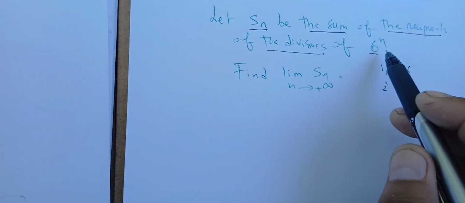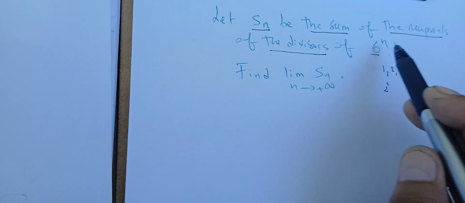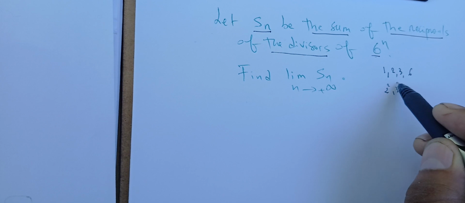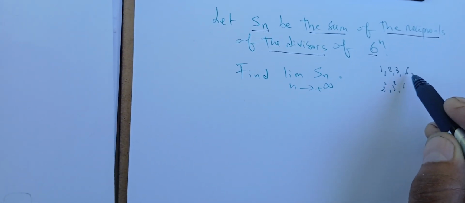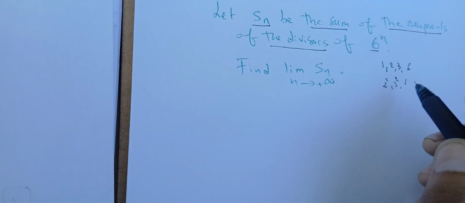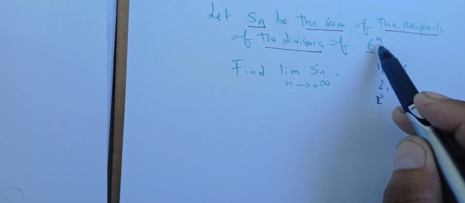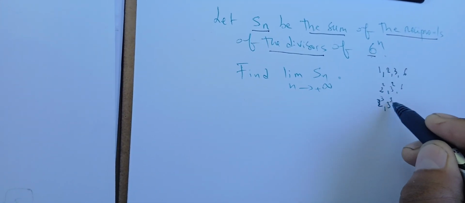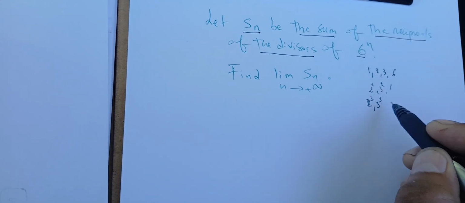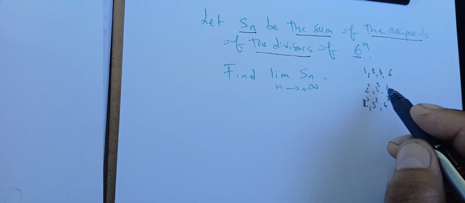So 2 divides 6 to the power 2, and 3 to the power 2 divides 6 to the power 2, and 6 to the power 2 divides 6 to the power 2. And 2 to the power 3 divides 6 to the power 3, 3 to the power 3 divides 6 to the power 3, and 6 to the power 3 divides 6 to the power 3.